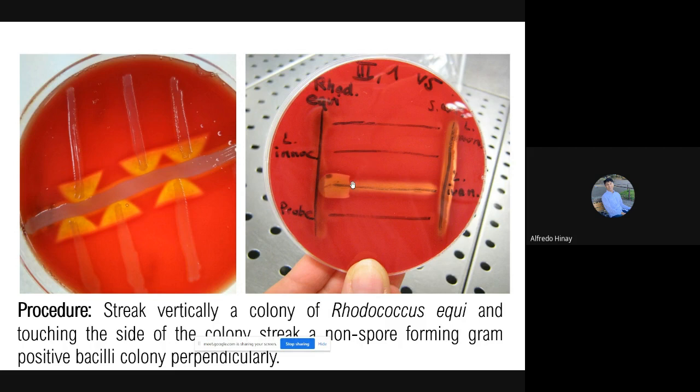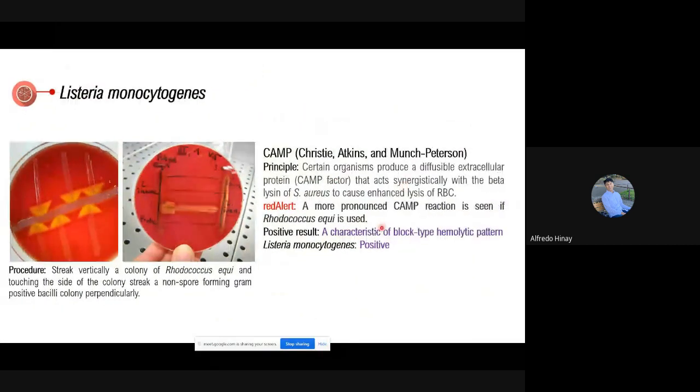Kita niyo ang pattern ng Rhodococcus equi to your Listeria monocytogenes, nagkakaroon tayo ng block. Yan. Okay, kita niyo yung block, mukha siyang square, compare with the arrowhead appearance. Kaya nagkakaroon tayo ng block type hemolytic pattern of your organism class.